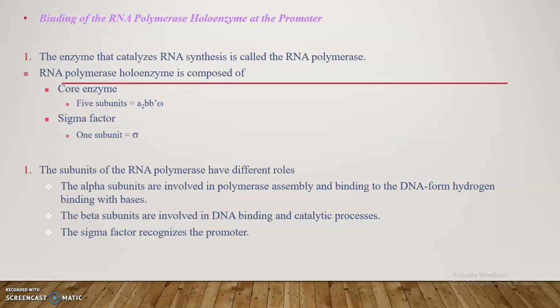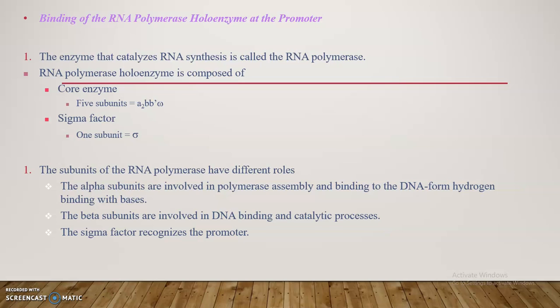The enzyme that catalyzes RNA synthesis here is called RNA polymerase. This RNA polymerase holoenzyme is composed of the core enzyme, which has 5 subunits, and the sigma factor, which is 1 subunit.